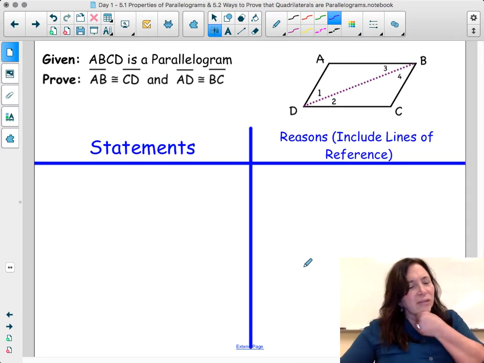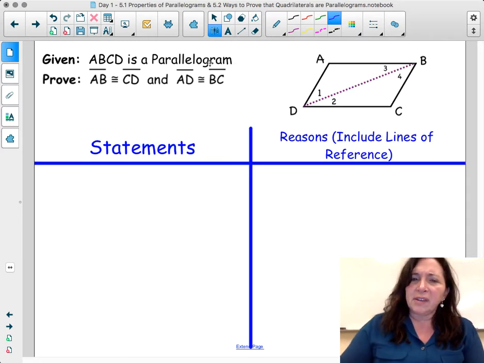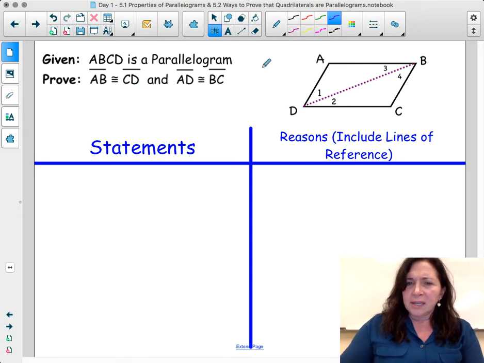Now, we're going to start with this proof. It says ABCD is a parallelogram. AB is congruent to CD, so we know, this is what we're trying to prove. Now, by the definition of a parallelogram, that's telling me that AB is parallel to CD and AD is parallel to BC.